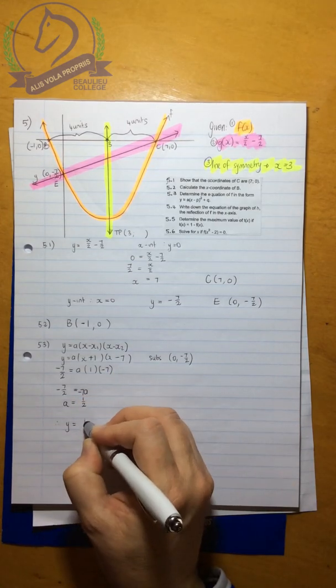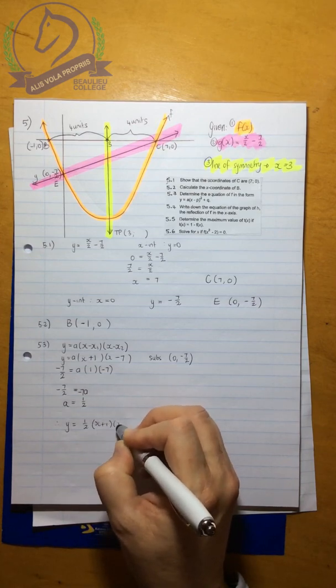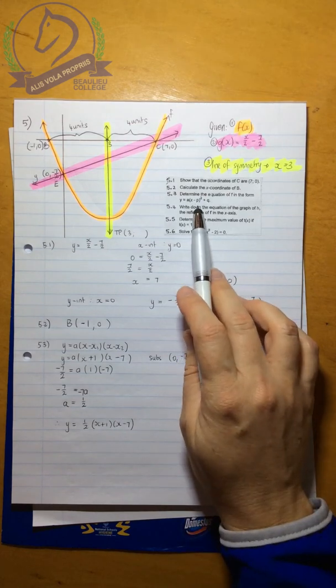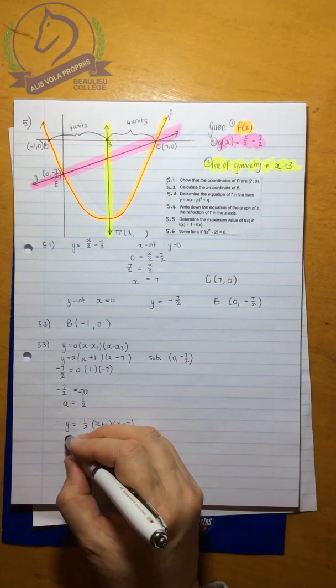Therefore, y equals a half times (x plus 1)(x minus 7) is the equation of the parabola, but that's not where I want to be. I need to get to y equals a times (x minus p) squared plus q.